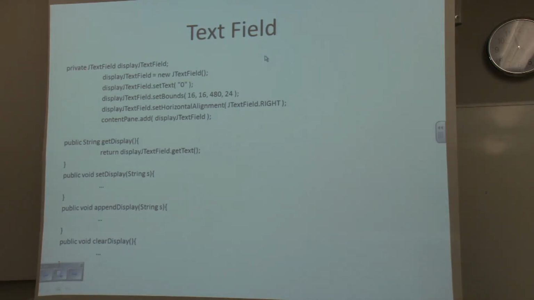And then there are some functions related to the text field that allow you to get the entry in the text field, or change the value in the text field, or add more numbers in the text field, or clear the text field completely by putting 0.